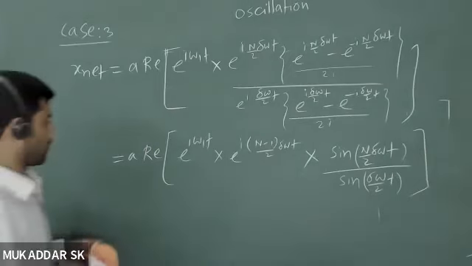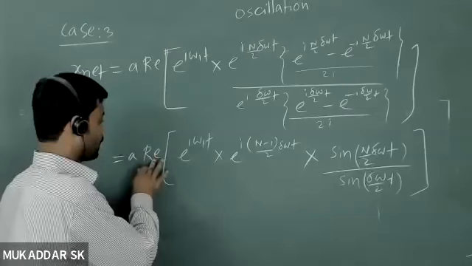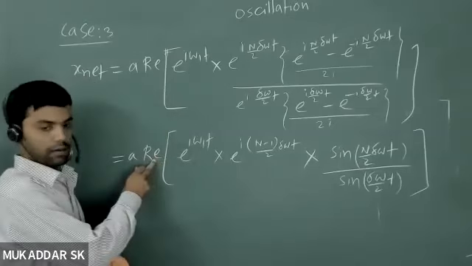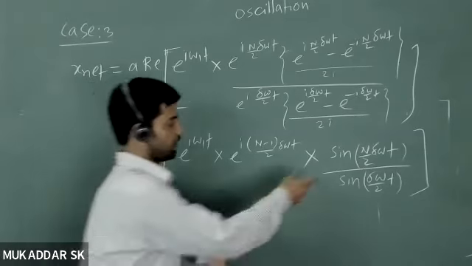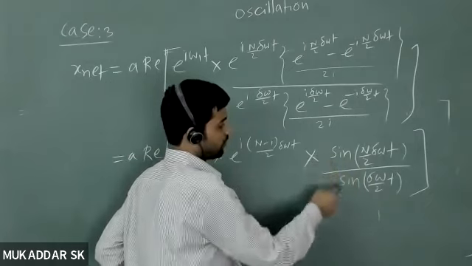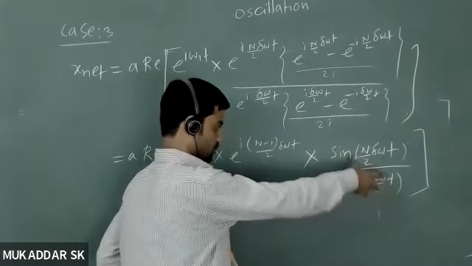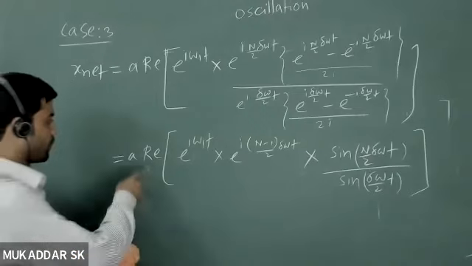Okay. So you see, this is your real part. You have to take only the real part. But these things are already real. Nothing is imaginary here, right? There is no i multiplication here. So this is real, and you can keep it outside. What is the meaning of RE?